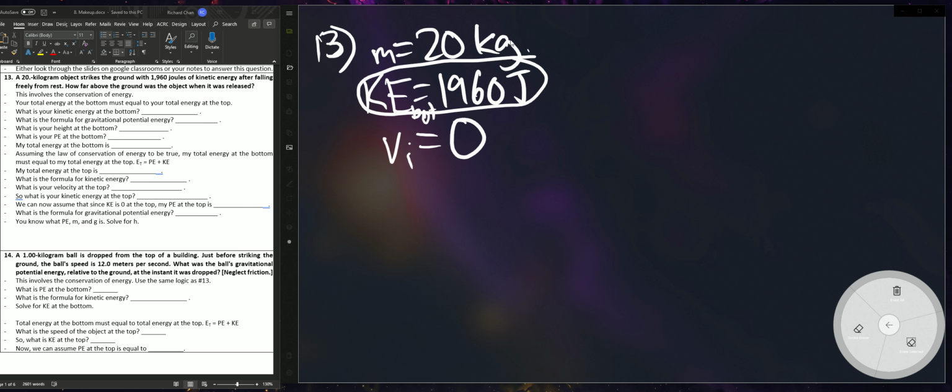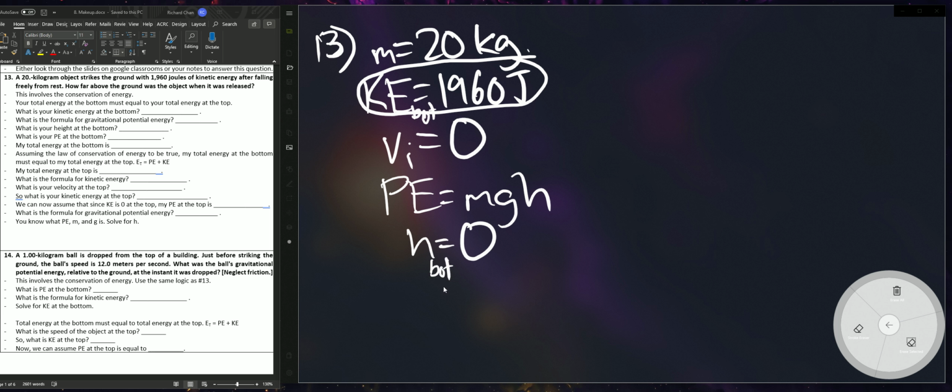Now, what is the formula for gravitational potential energy? We know the formula on your reference table is mgh. So what is your height at the bottom? Well, your height at the bottom is 0, right? What is your potential energy at the bottom? It is 0 as well, because if your height is 0, then your potential energy is 0.